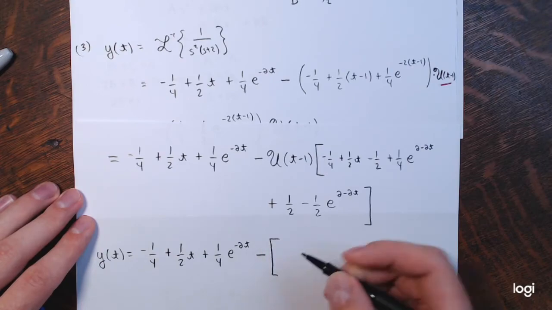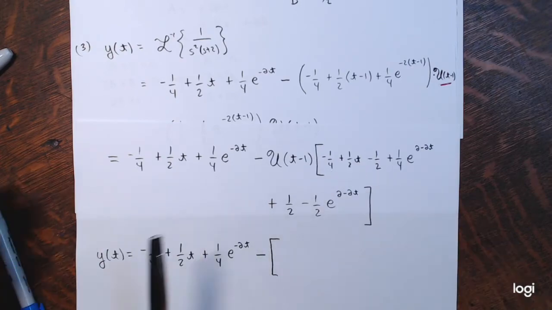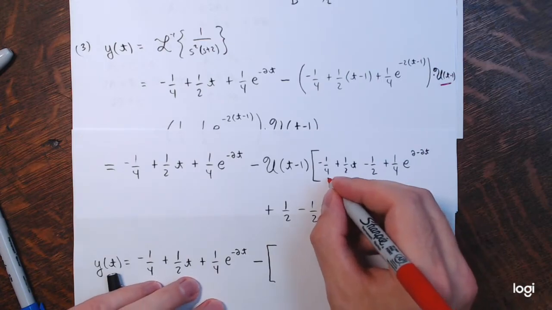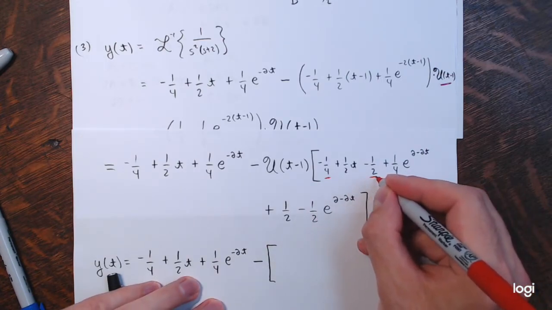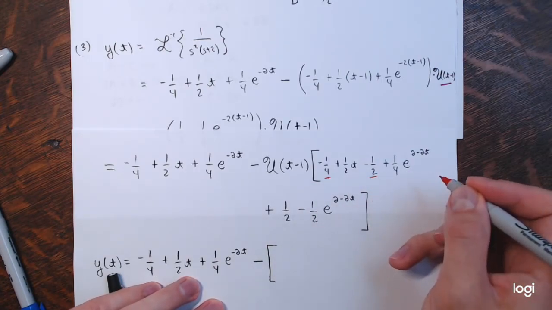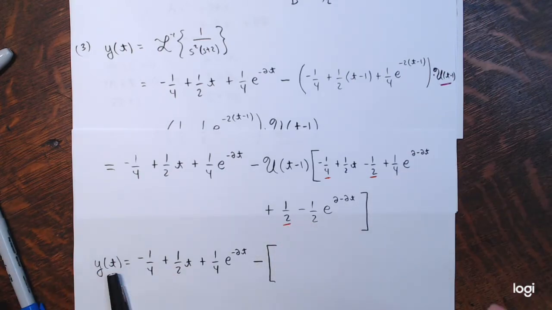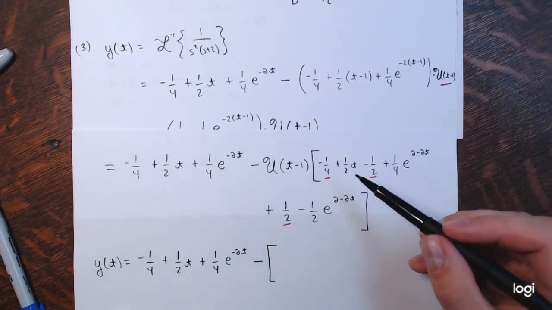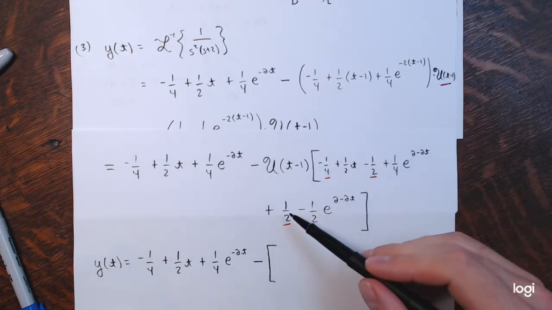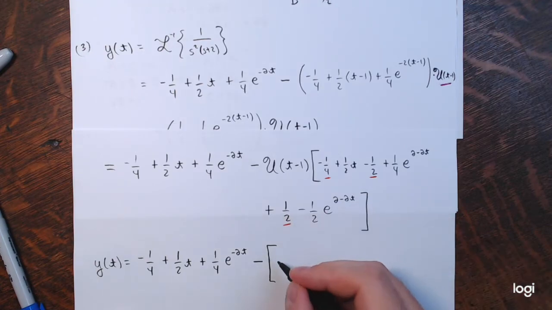Minus, and then in brackets, combining some like terms here, we have negative 1/4 minus 2/4 would be negative 3/4 plus 2/4 would be negative 1/4.